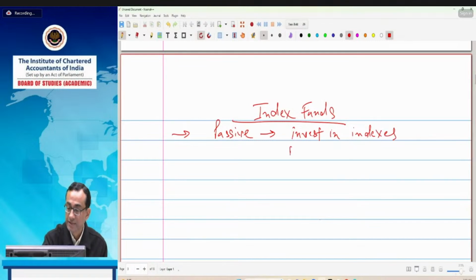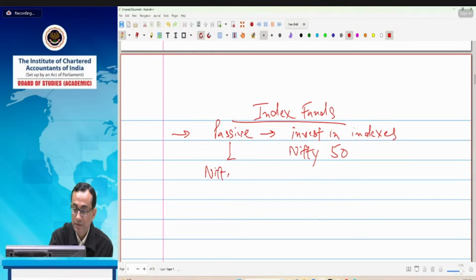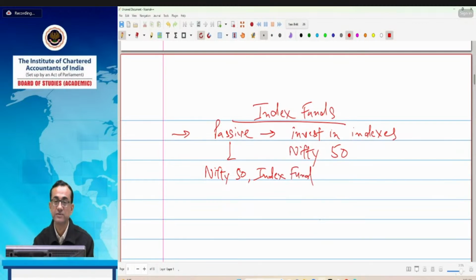Let us say Nifty 50. So there will be a passive fund by the name, let us say, Nifty 50 Index Fund. If the name of a mutual fund is Nifty 50 Index Fund, you can make out that whatever amount you have invested has been invested into the Nifty 50.